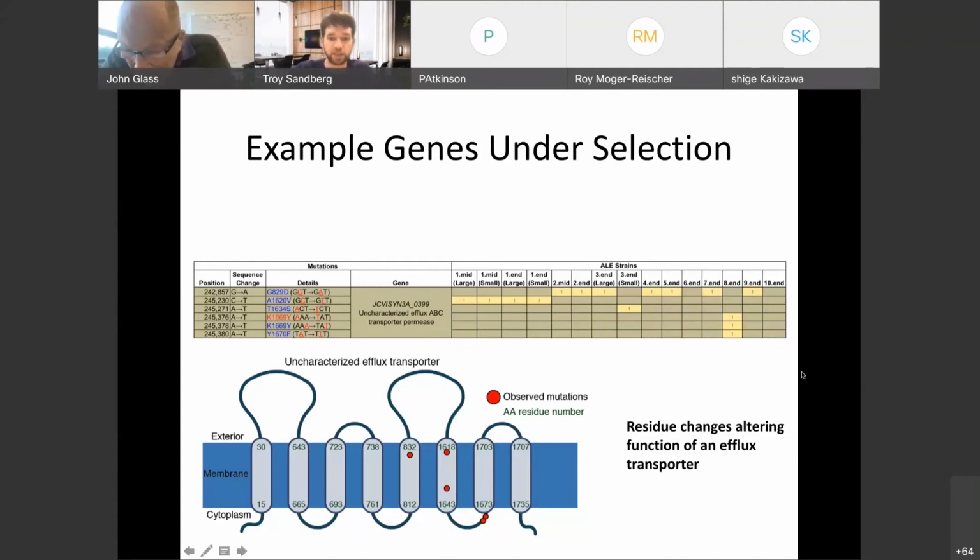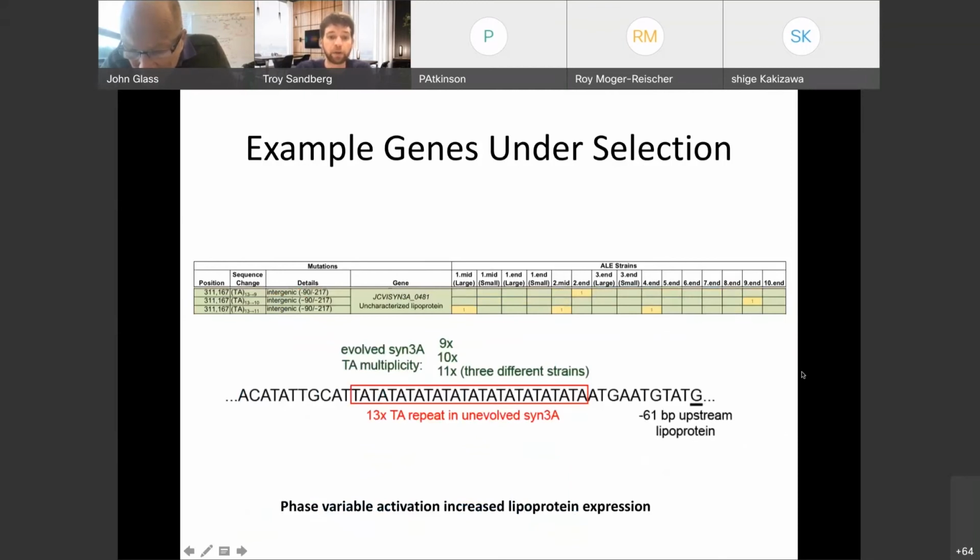Another pretty consistent change we saw across a number of strains was this collapse in TA repeat number that falls upstream of an uncharacterized lipoprotein, where in the wild type SYN3A, it has 13 of these TA repeats, and multiple strains independently decrease this number down to 9, 10, or 11.